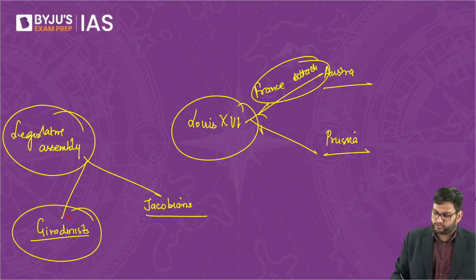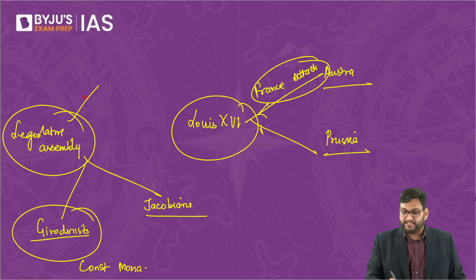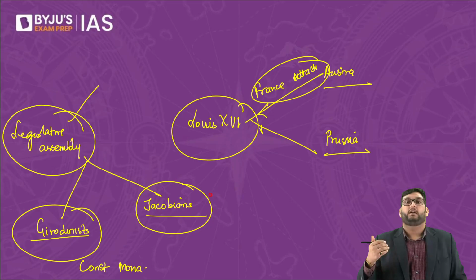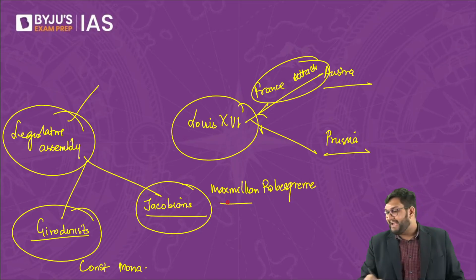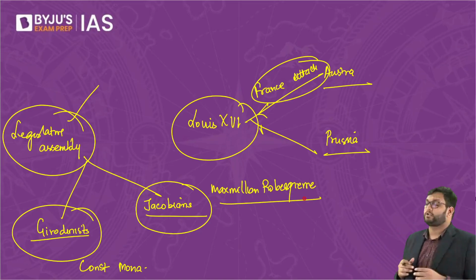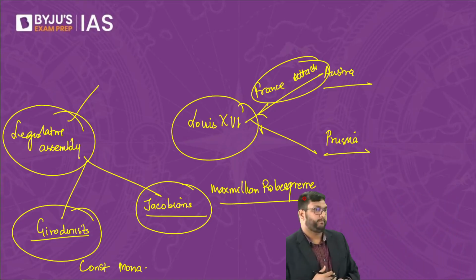They wanted constitutional monarchy and they controlled the Legislative Assembly also. But the Jacobins were headed by a person called Maximilien Robespierre, and they were not happy with the constitutional monarchy. They said France should become a republic.